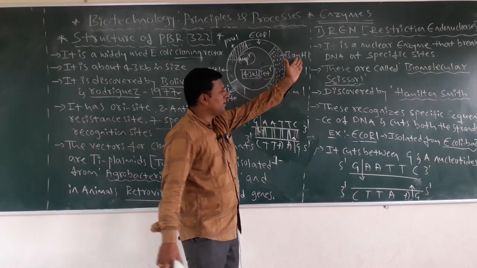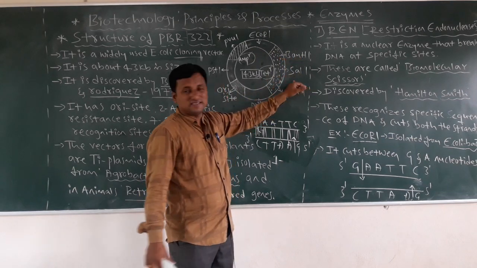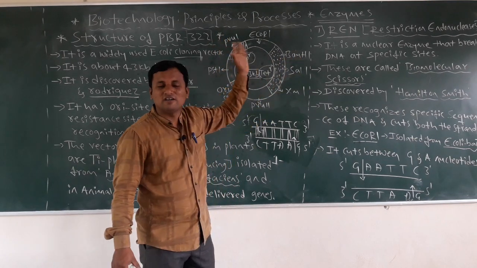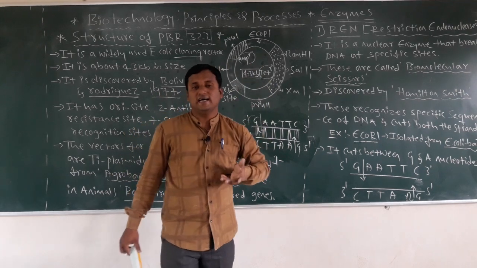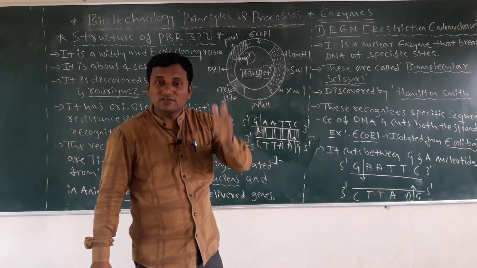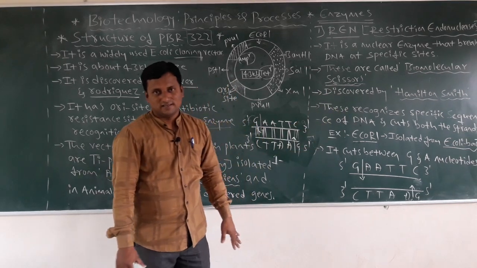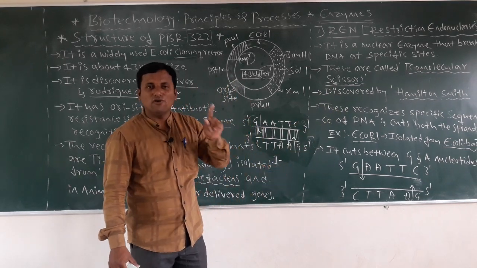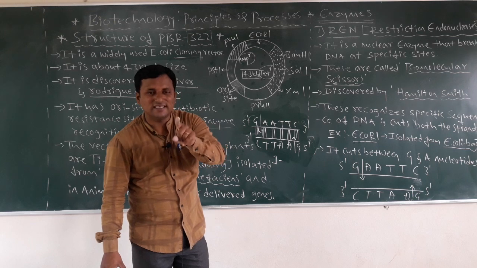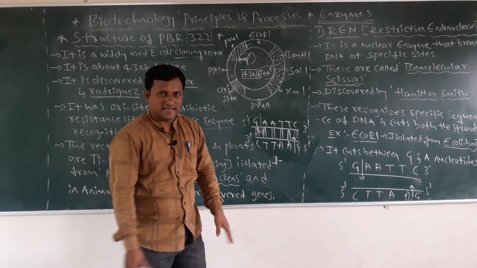Like this, there are BamH1, Sal1, and Pvu1 or 2. These are also RENs, and they cut different sequences between nucleotides. With the same concept, EcoR1 cuts between G and A nucleotides.